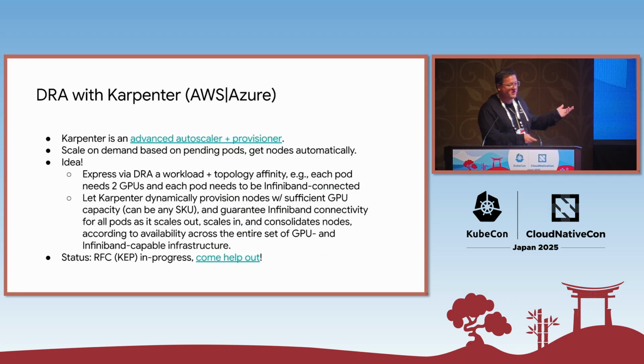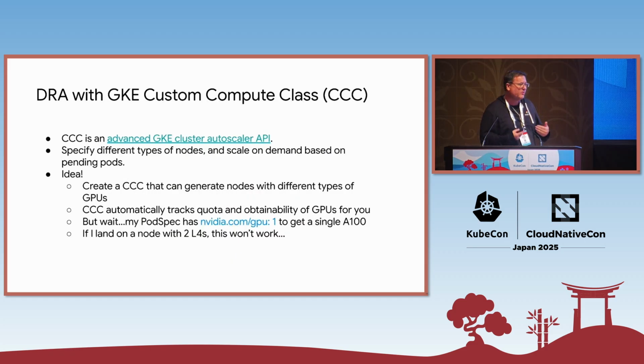As I mentioned, Karpenter is one way of doing this, and Karpenter hasn't yet implemented all of this functionality, but I know they're working on it, and they've been involved in the DRA project for quite some time. I'm going to demo it with custom compute classes from Google, and what you'll see is that the flexibility in the workload specification allows us to avoid a problem.